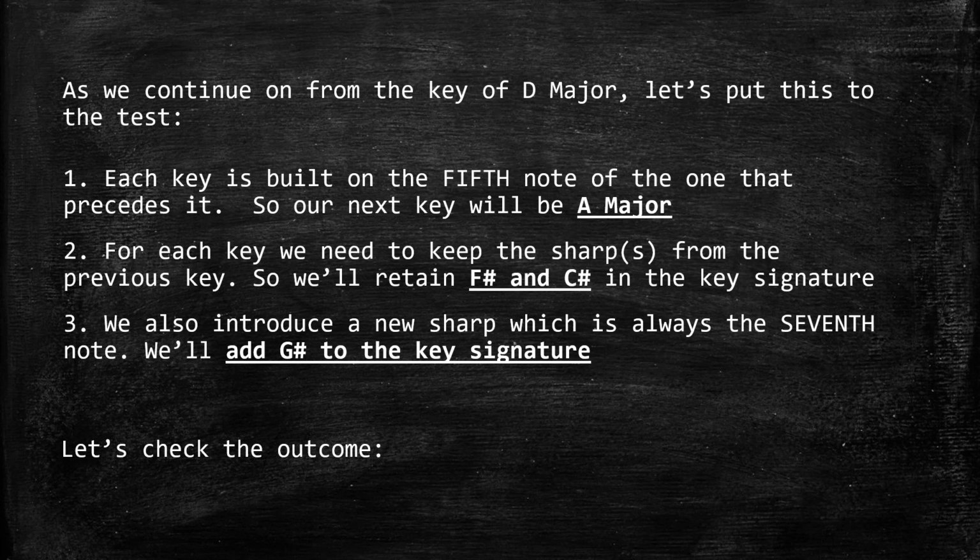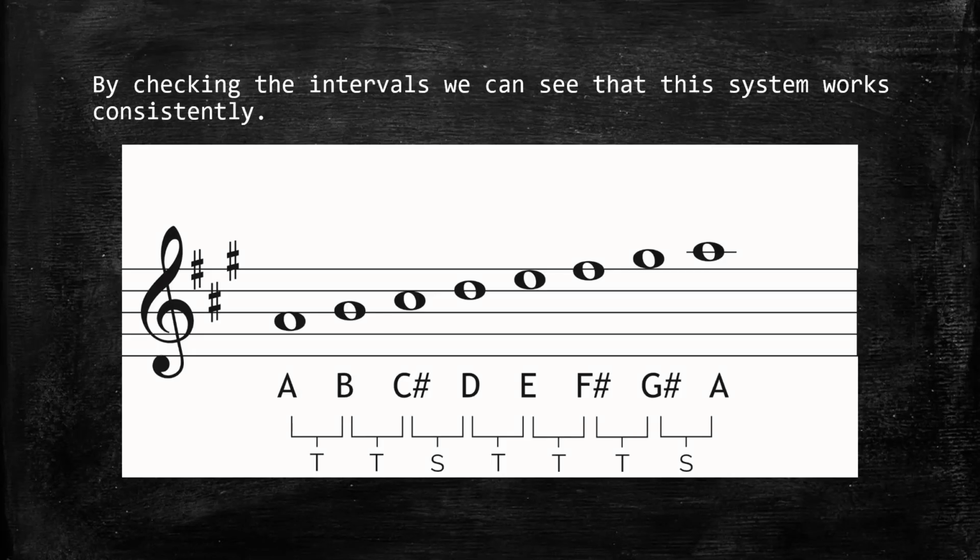So we'll retain F sharp and C sharp in the key signature. Rule 3, we also introduce a new sharp, which is always the 7th note. We'll add G sharp to the key signature. Let's check the outcome. By checking the intervals, we can see that this system works consistently.